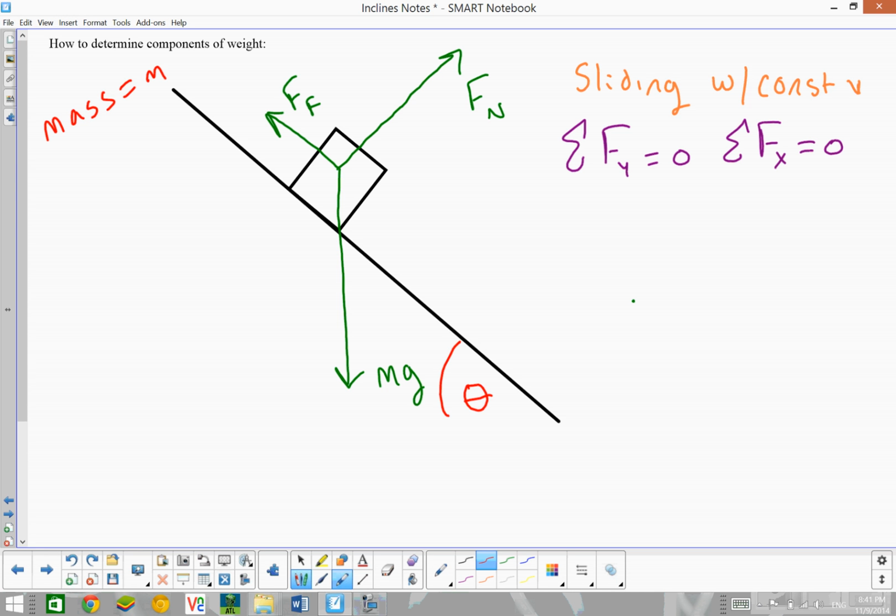Now, because your net force in the y needs to be 0, and your net force in the x needs to be 0, that means any force that's in the y dimension needs to have at least one other force in the y dimension canceling it out. And the same thing needs to be true for the x dimension. We already said that normal force is in the y, and your frictional force is in the x. So let's look at the y dimension first. We need to have another force opposing it to allow it to stay in equilibrium.